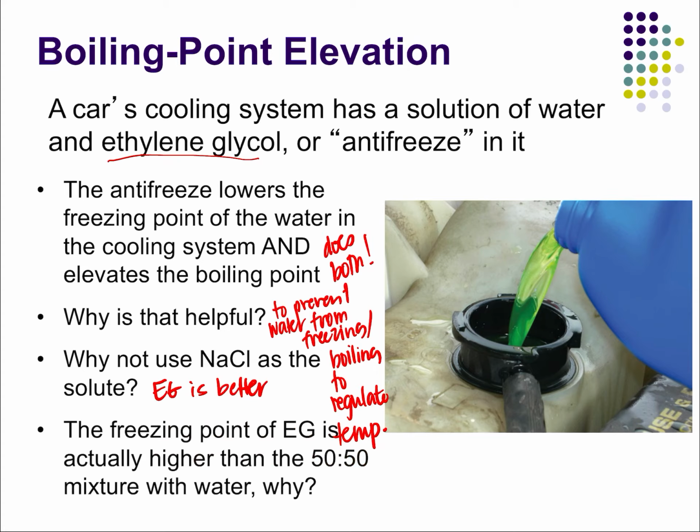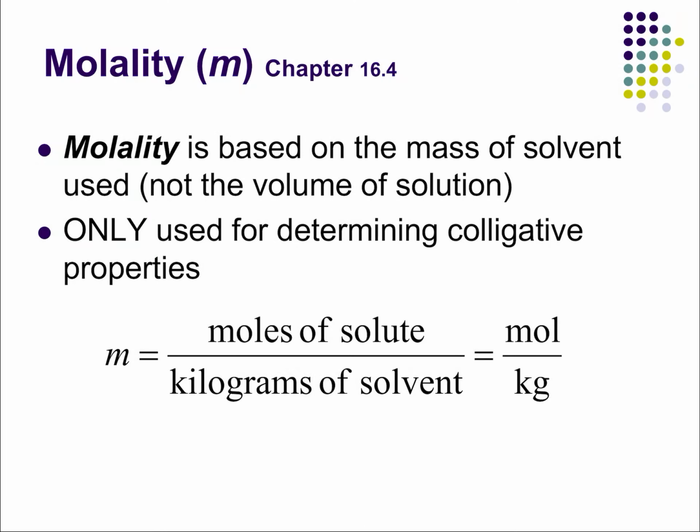The freezing point of ethylene glycol is higher than a 50-50 mix with water. And that's so that no matter what the temperature gets down to, it will prevent freezing from occurring.